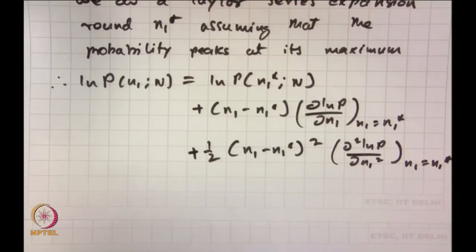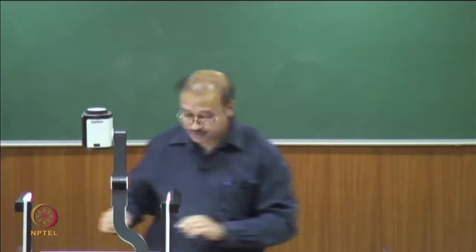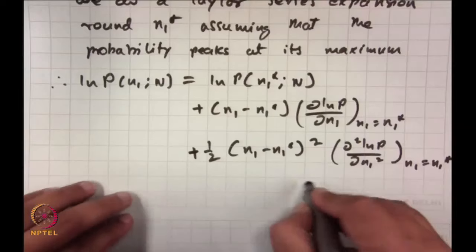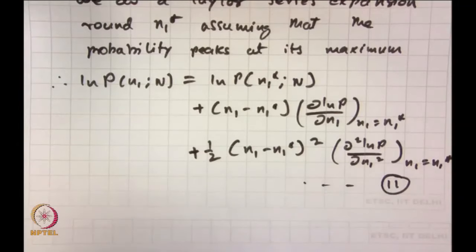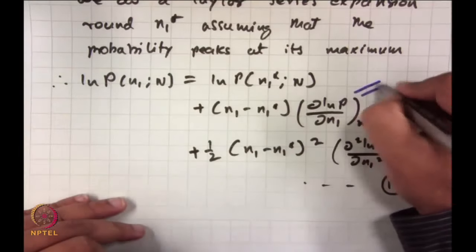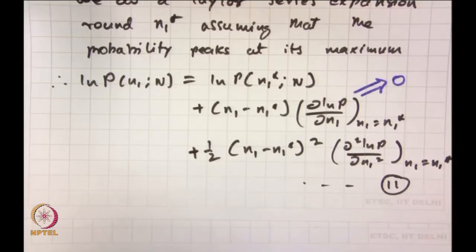How can we simplify this now? Tell me. I have to use this. So, what would this equation number be? Can someone help me? Say this is 11. I have to simplify this now. How would I simplify this? What will happen to the second term? Tell me. If I am doing it at the maximum, what will happen to the second term? It will go to 0, right? Okay. So, that means this one is equal to 0 at the maximum. Okay.